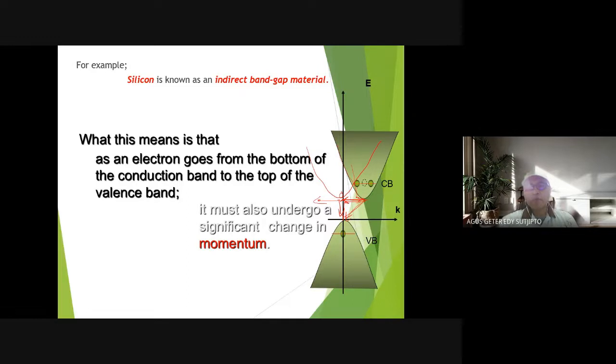Or they can go here, and then they will be the same as the valence band, but they cannot move the electron to the valence band to recombine with the holes.